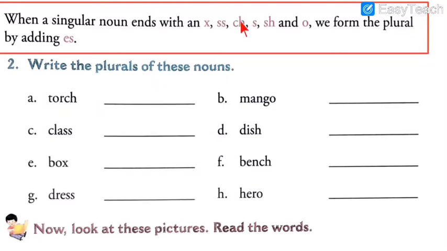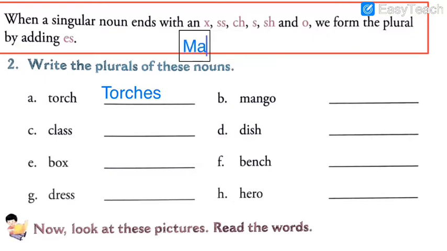If it is ending with ch, we have to add es. So, torch will become torches. Can you see here? I have added es and it was ending with ch. Second one, mango. What do we have to add if it ends with o? Es, absolutely right.